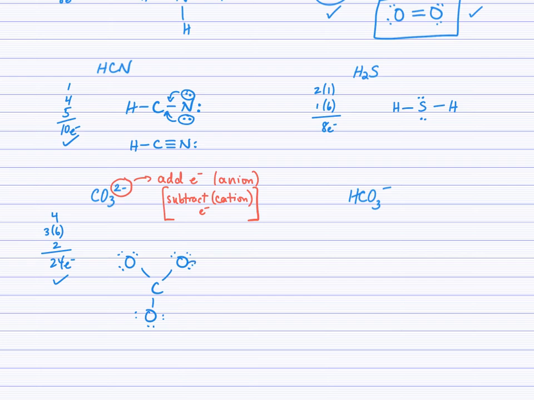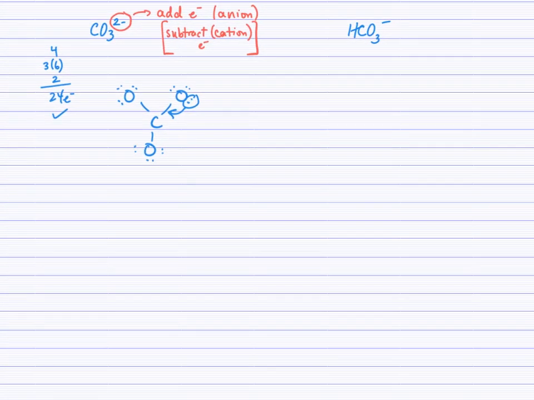So I'll need to reposition a lone pair, and in doing so I form a double bond between this carbon and that oxygen. So I still have the 6 electrons there, 2 lone there. Now because it's an ion, I need to put square brackets and the charge outside.